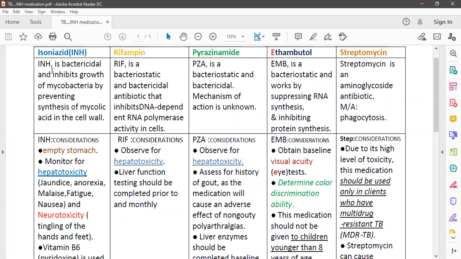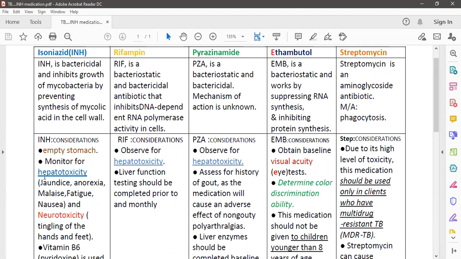Most of the anti-tubercular drugs like isoniazid, rifampin, and pyrazinamide cause hepatotoxicity, so they cause liver damage. When a patient is prescribed isoniazid, you should educate them about the signs and symptoms that indicate a problem in the liver, or that the medication is damaging the liver tissue, right?